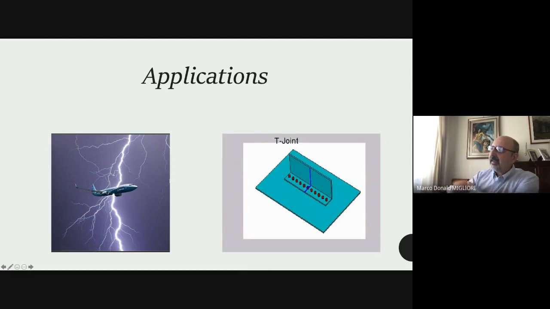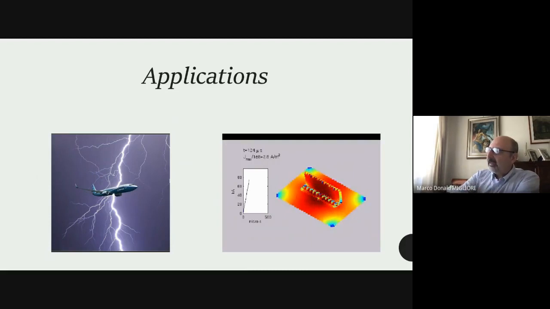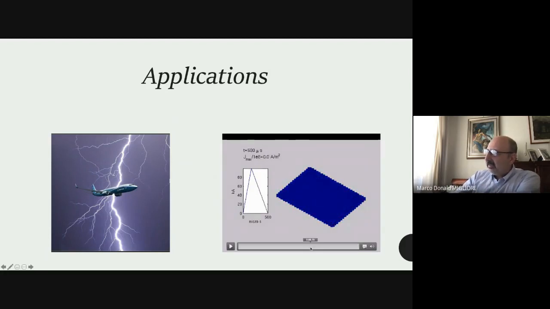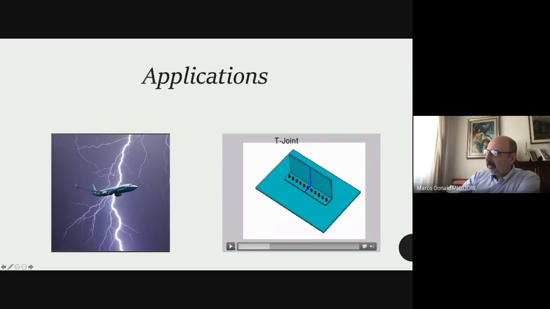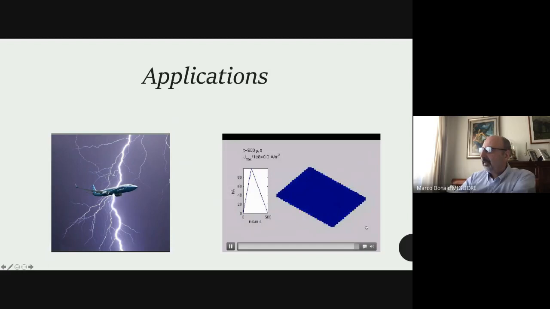In this case, we reconstruct the surface current during the lightning strike, and we can see this quite complex response that depends on the specific material, specific permittivity and conductivity of the materials involved.